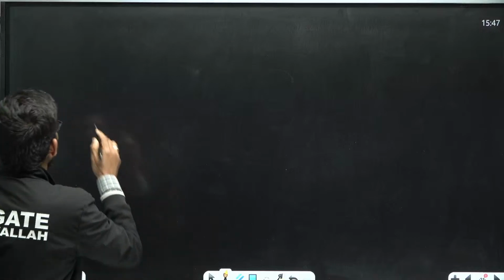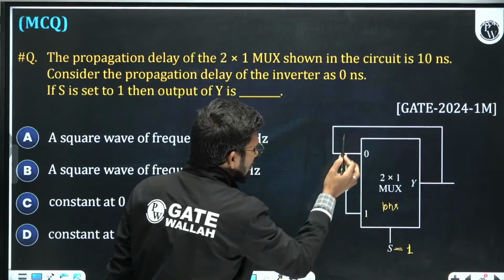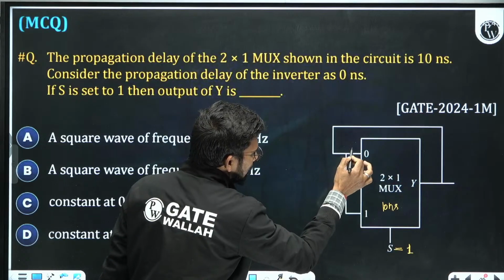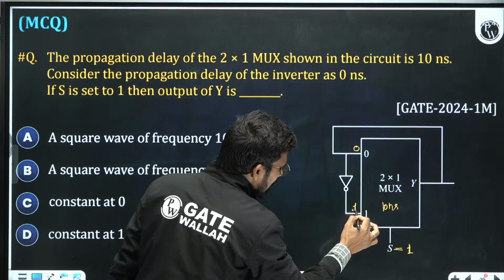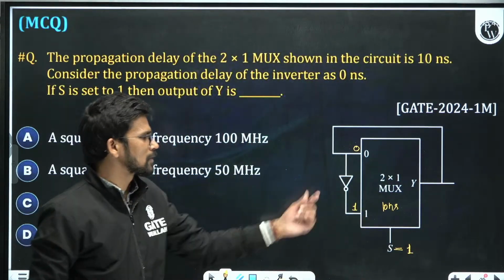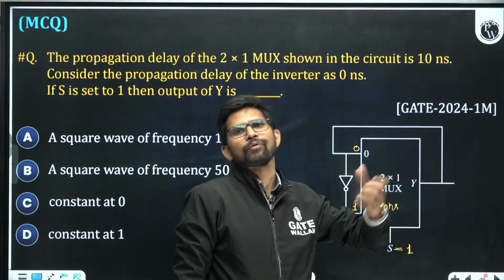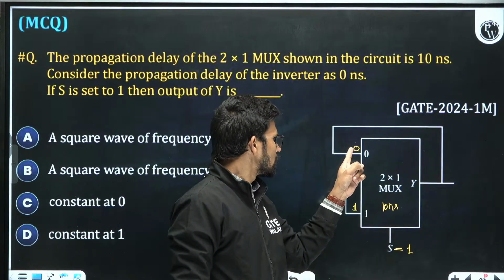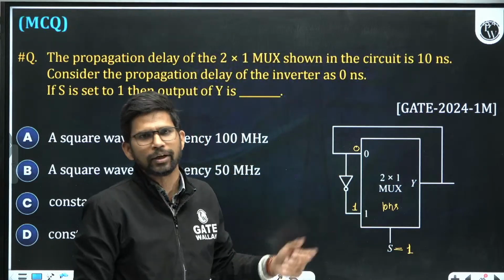Now I'm starting at t equal to 0, with Y as 0. As soon as Y is 0, this 0 will come here, this I0 will become 0, and at the same time I1 will become 1, because the NOT gate has 0 delay.